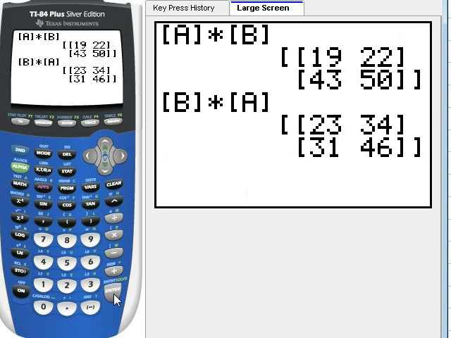So two mysteries. One is why isn't it just the obvious 5, 12, 21, 32? Secondly, why is it that matrix multiplication seems to not be commutative? Why is it when I change the order I get different answers?